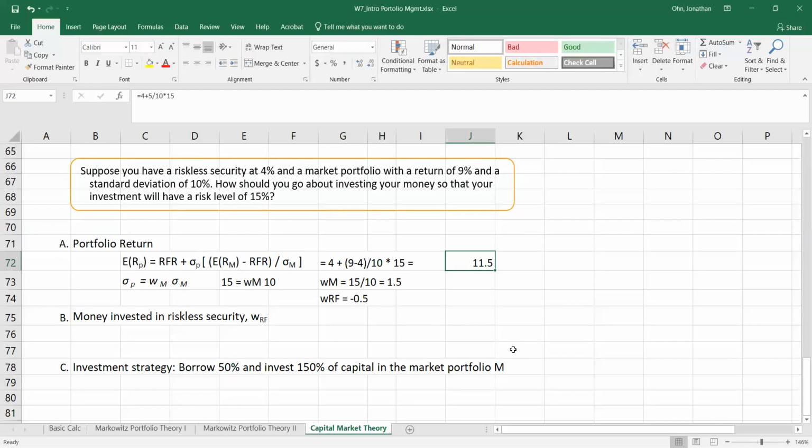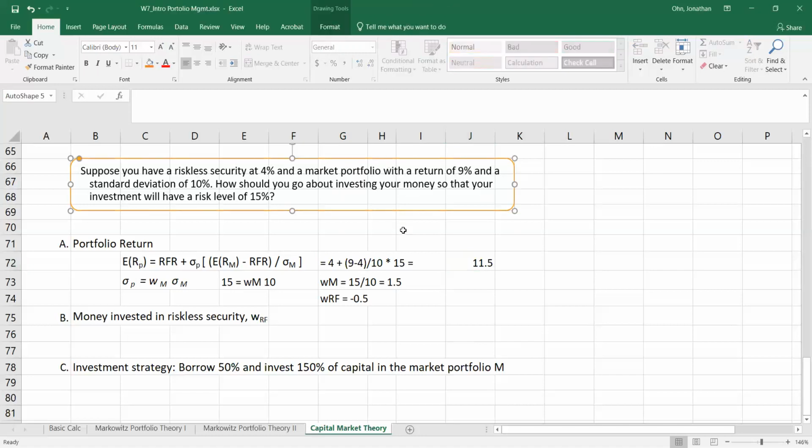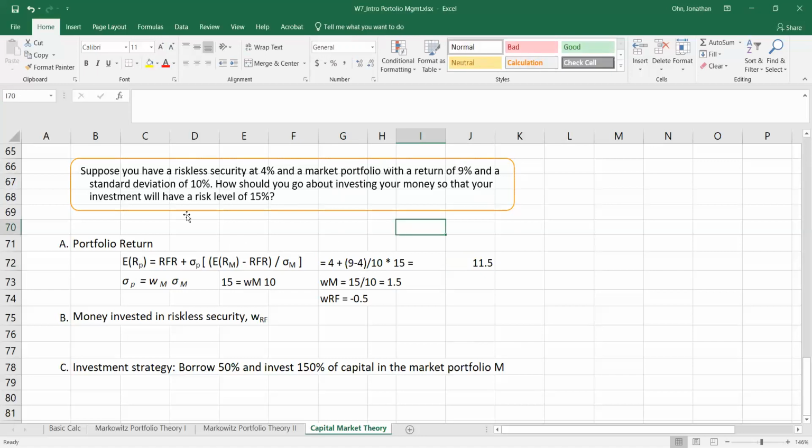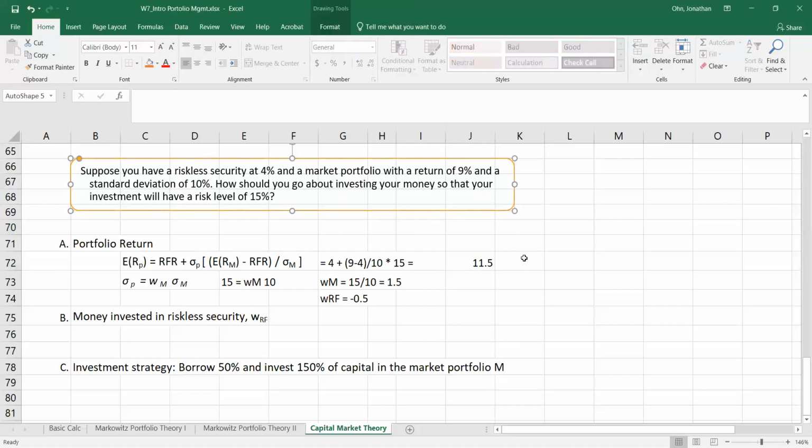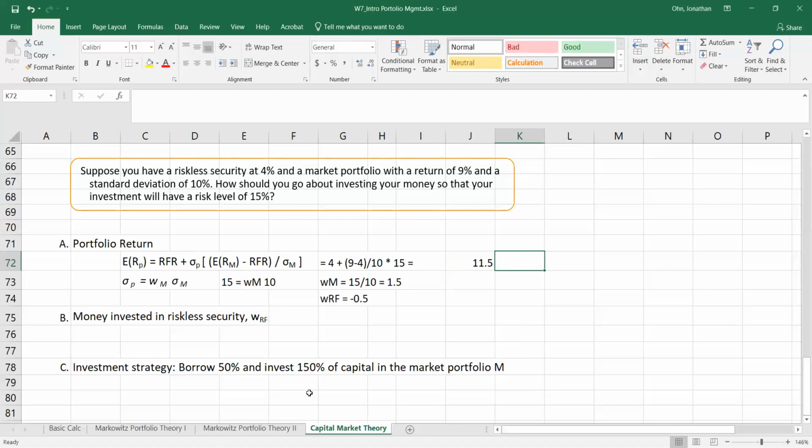Your risk level is quite a bit higher than the market portfolio, so your return should be higher than the market portfolio's 9%. Your risk level is 15 versus 10% for the market, and your return is 11.5% versus 9%. You borrow 50% and invest 150% of your capital in the market portfolio.